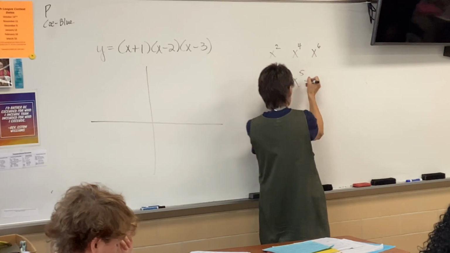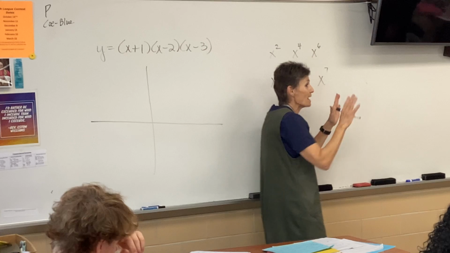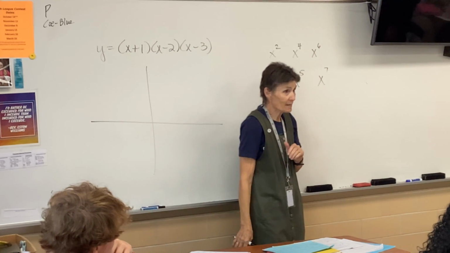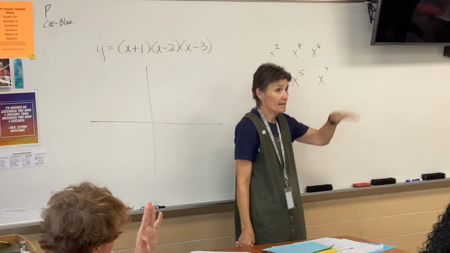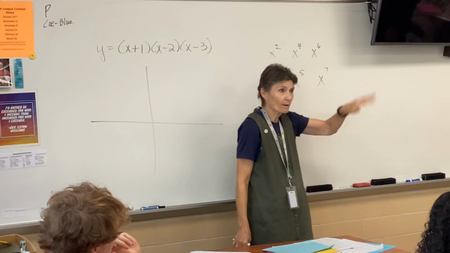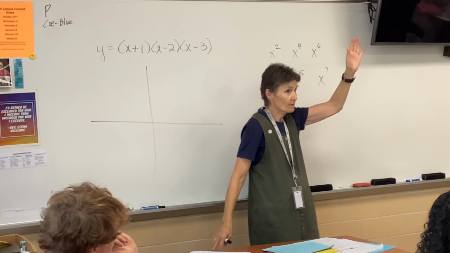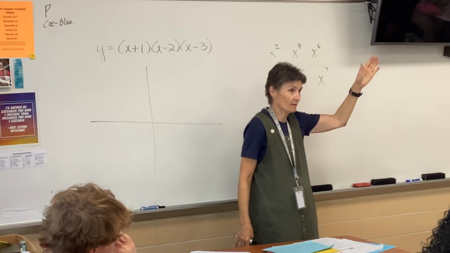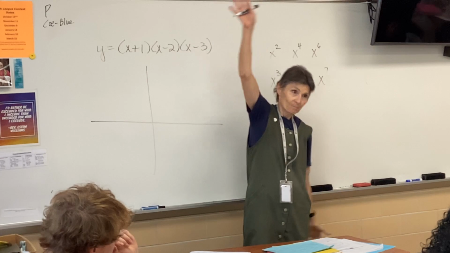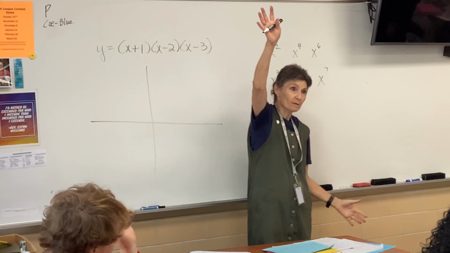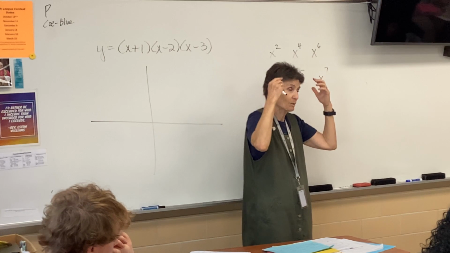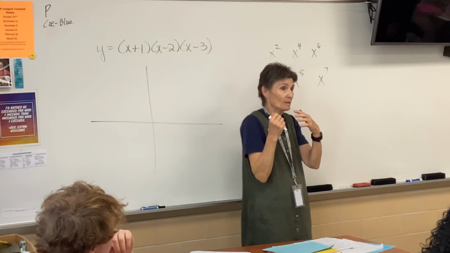So whether it's a cube, a fifth, a seventh, any odd power is gonna start down and end up. Squiggle around, but start down here, end up here. Unless, of course, you put a negative in front of it, and then what happens? Other way around. It starts up here and ends down here. Okay, we gotta remember that because we're gonna be sketching these by hand.